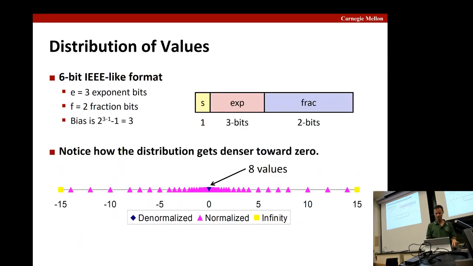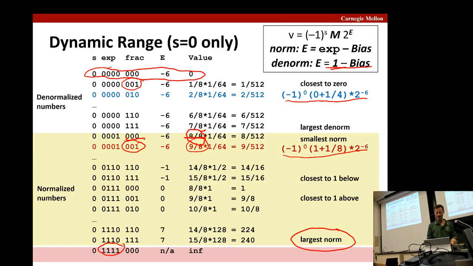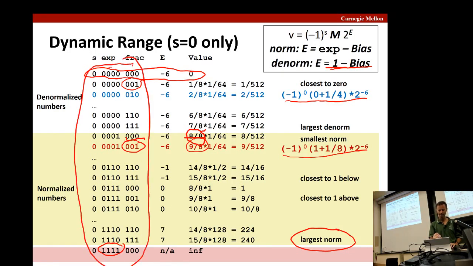And you can look at that if you go back to this thing here. The numbers were listed from smallest to largest. If you just look at the actual bit patterns, ignoring everything else, you can see that they do increase, okay?